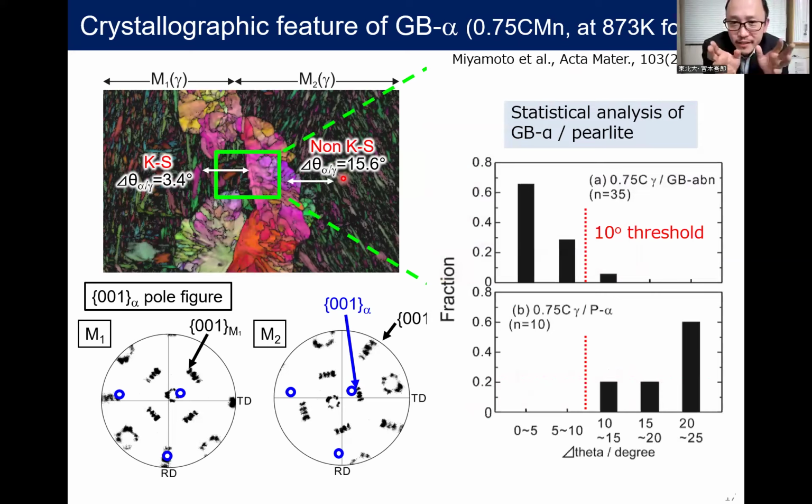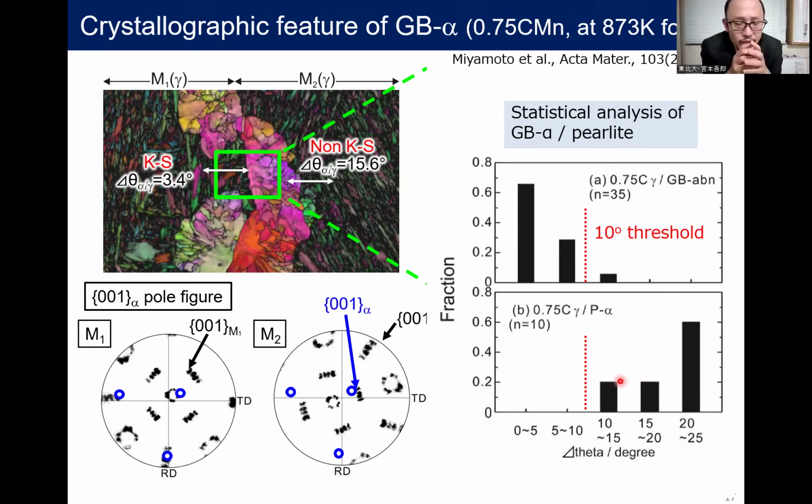This is the statistical analysis of the orientation relationship and the morphology of the transformation product. When the deviation from the KS orientation relationship is smaller than 10 degrees, grain boundary ferrite forms. But at larger deviation, more than 10 degrees, pearlitic ferrite forms.